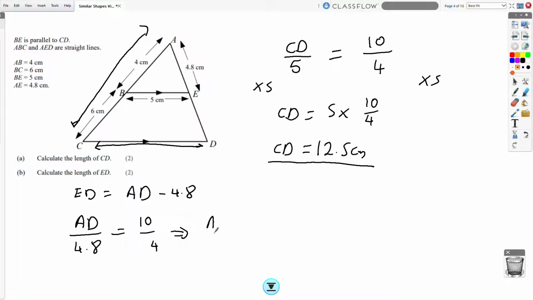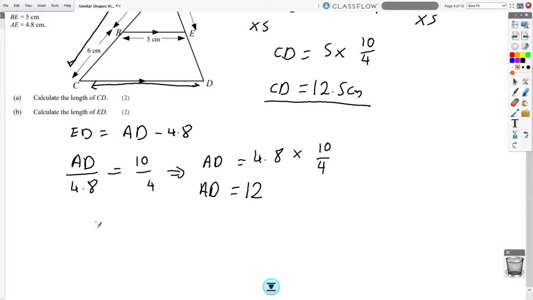So AD is going to be equal to 4.8 times 10/4. You're doing 4.8 times 2.5, which will give you a value of 12. And then once again, you want to work out ED, which is this value minus 4.8. So ED is 12 minus 4.8, which gives us a value of 7.2 centimeters.